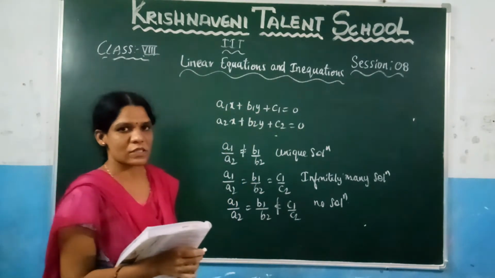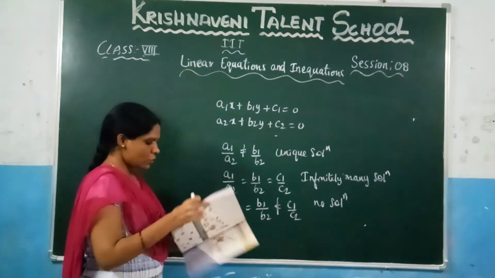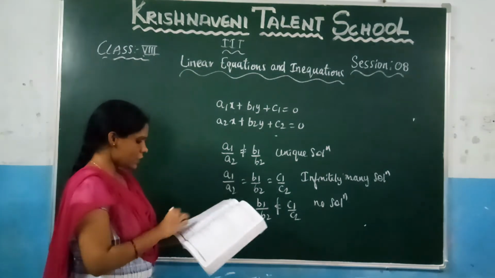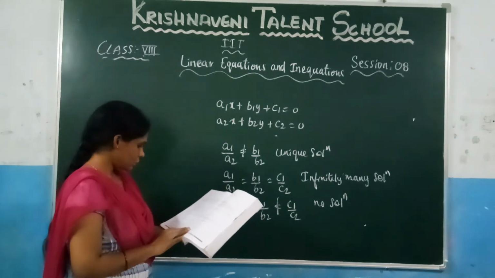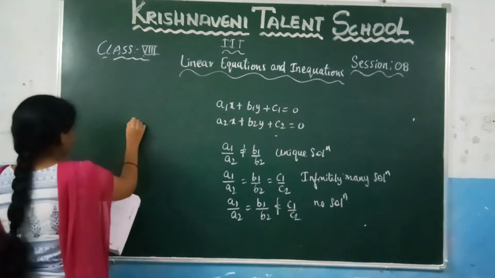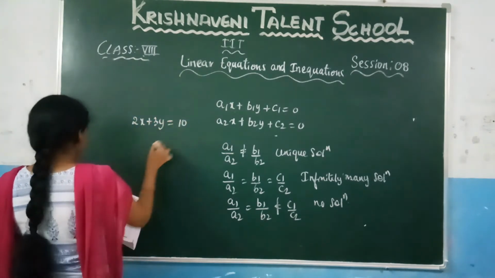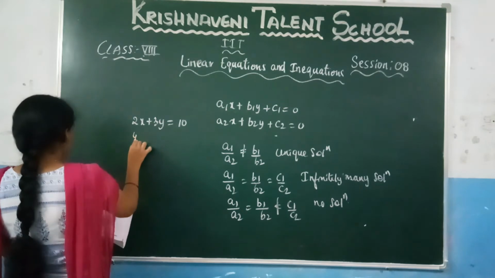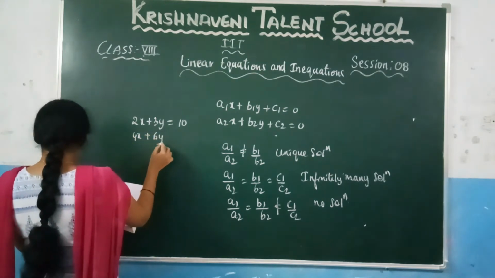Now, let us solve this with the help of an example. What is the example they have given? 2x plus 3y is equal to 10 and 4x plus 6y is equal to 20.